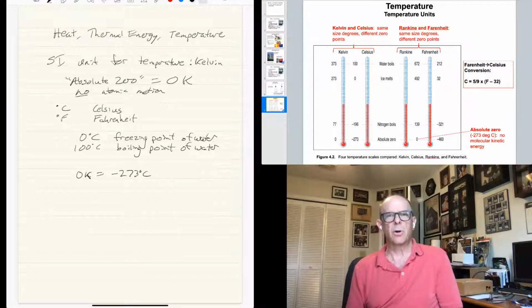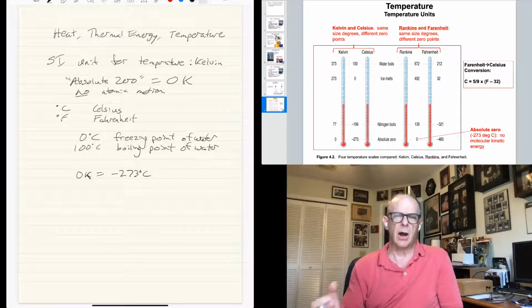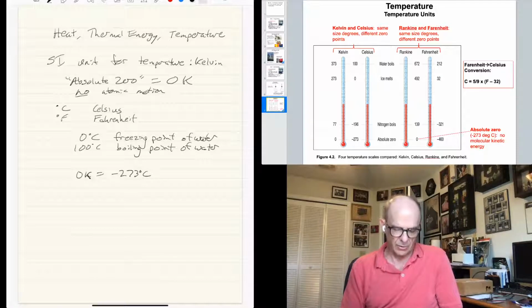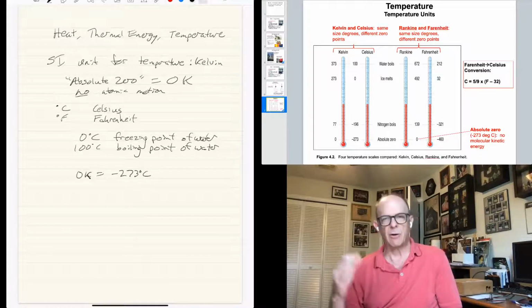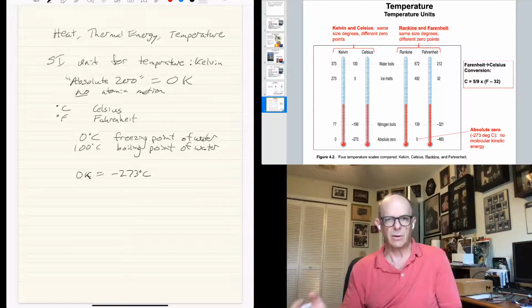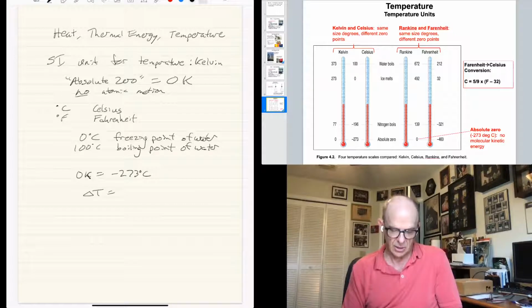For a lot of the work that we're doing and in some of the assignments and problems that you'll be asked to solve, we're going to be dealing with temperature changes. How much colder or warmer is one thing than another? What's the temperature difference, which we will indicate by delta T? That's a change in temperature or a temperature difference.